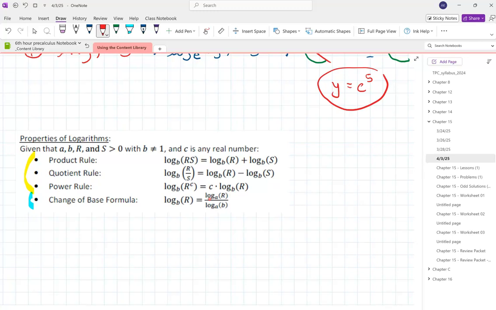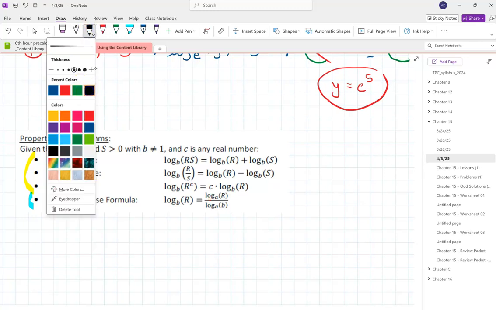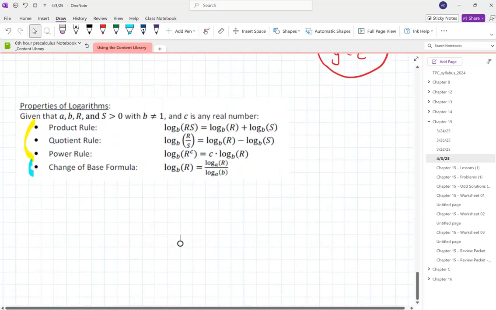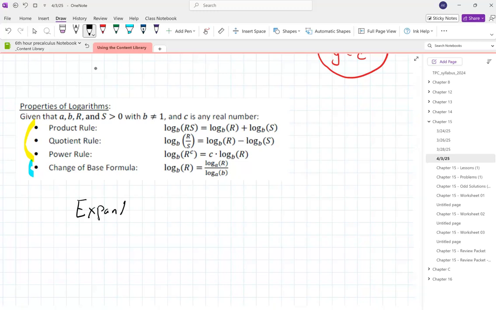So the most common way for us to practice using these properties of logarithms is via 2 types of problems. The directions for those problems are expanding, and then condensing, or sometimes compress.